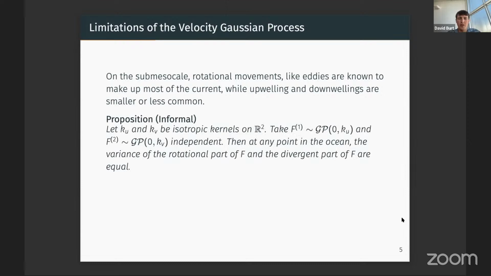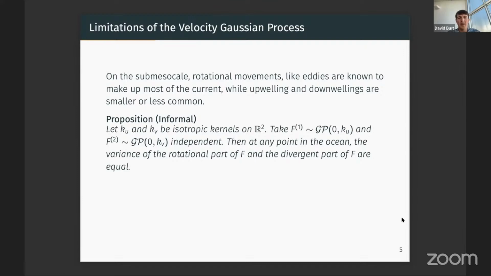What we're able to show is that if you take the prior discussed on the previous slide, so if you model the U and V component of the velocity field independently using isotropic kernels, then at any point in the ocean, if you calculate the variance of the rotational part of a field and the divergent part of a field, they actually have to be equal.